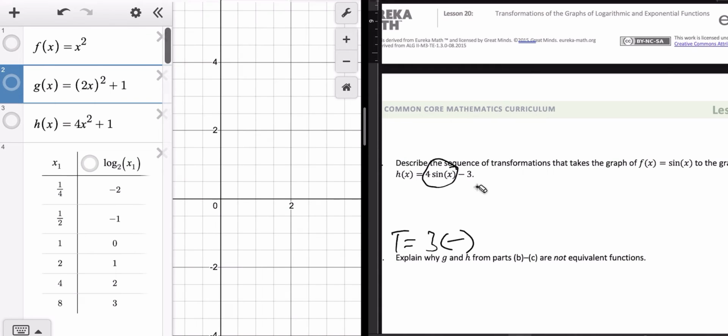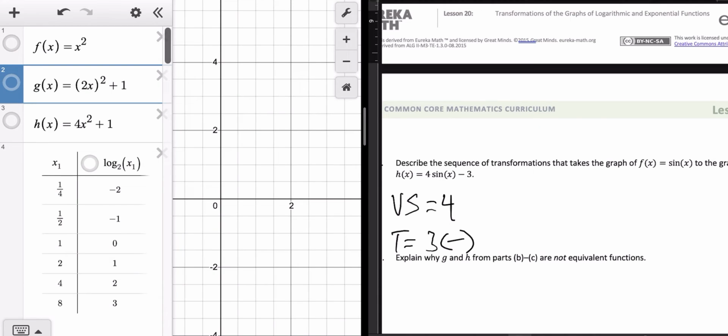Now, if you think about what's going on right here, that's saying for all of your x, whatever your x is, to get your y you're going to multiply it by 4. The easiest way to call that would be a vertical scaling of a factor of 4.